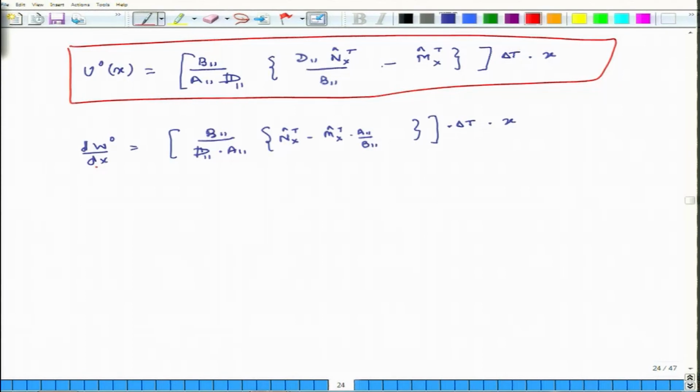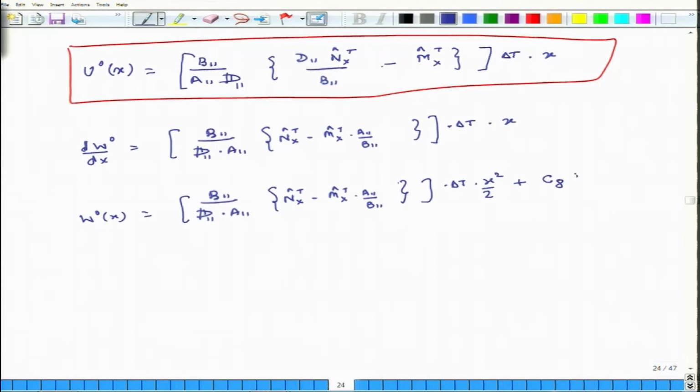The next equation is for slope, and if I integrate this equation for slope, that is dW dx, I get W naught as a function of x is equal to this entire expression times delta T times x square over 2 plus another integration constant C8.